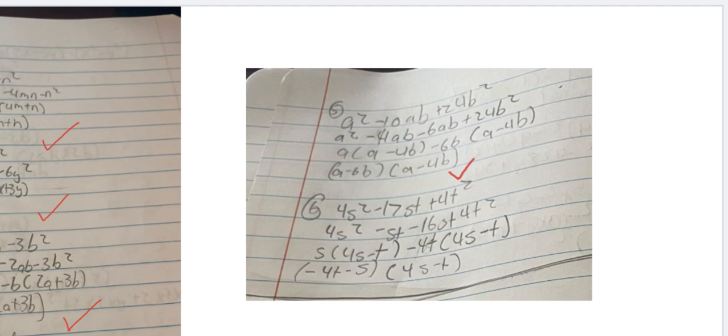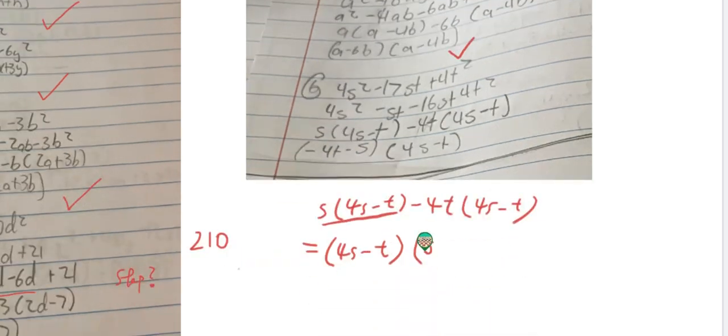So for question number 6, you have s times 4s minus t, minus 4t times 4s minus t. So if you factor it out, you have 4s minus t here, and then to get this term, you need an s over here, and then to get the negative 4t, you need this negative 4t.